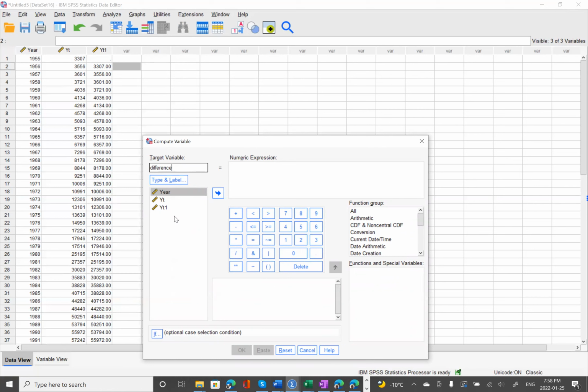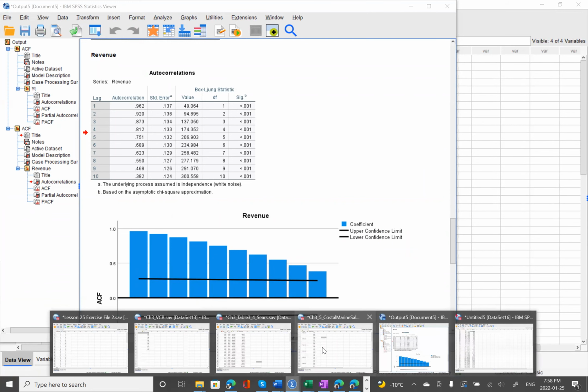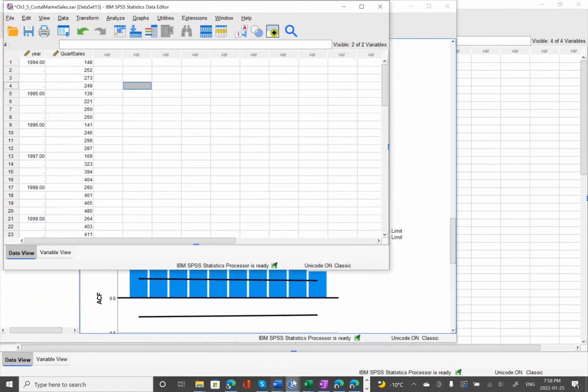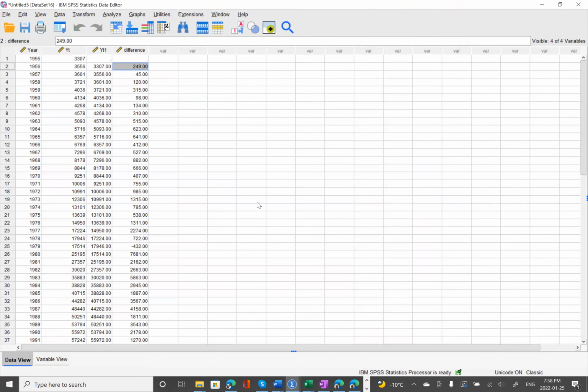I use YT minus YT1. Just do the difference. Click OK button. And then go back to the original data, because I have too many data opened. Yeah, see, this is the difference.